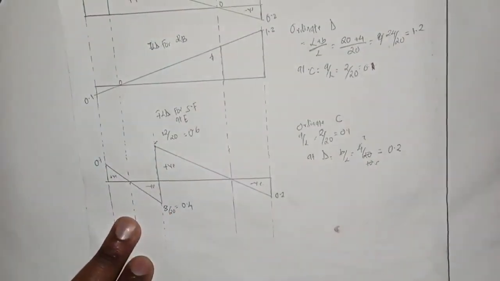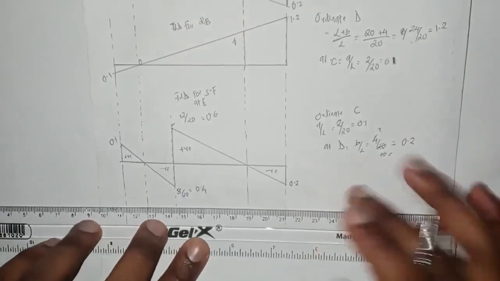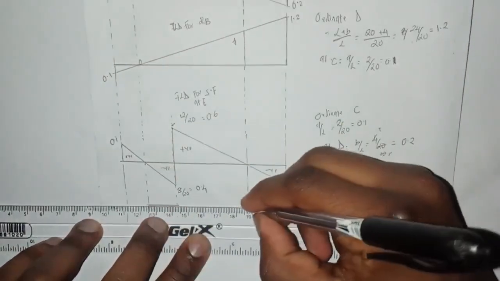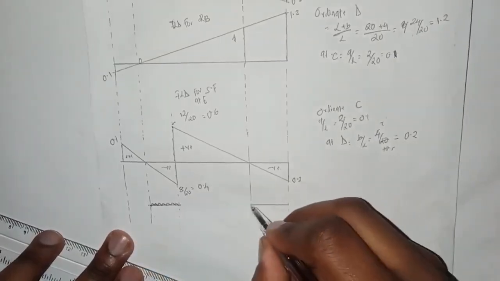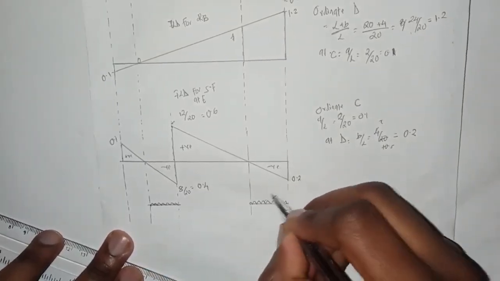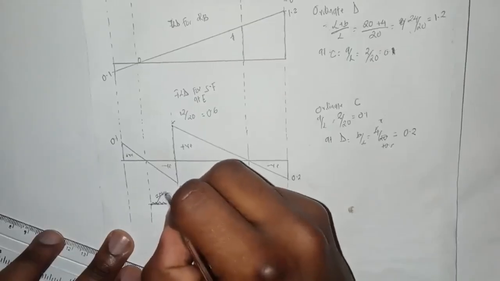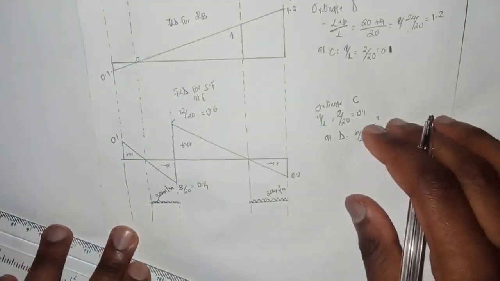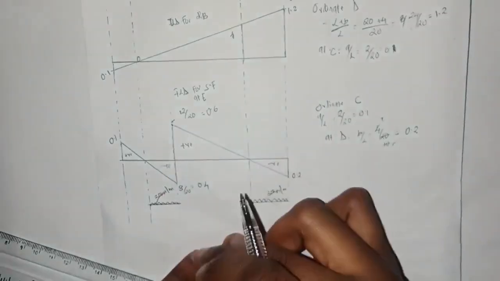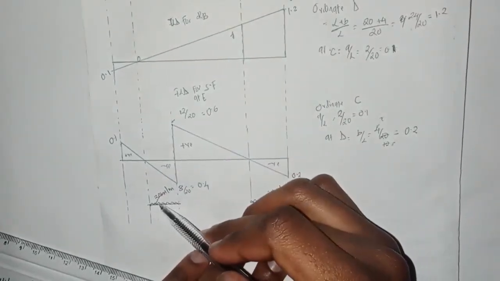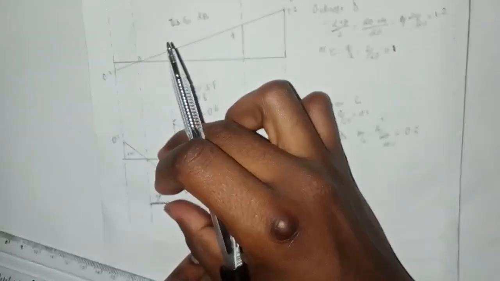This is 30 kilonewton per meter. To calculate the shear force, we multiply the load by the ordinate so that we're able to find the maximum negative shear force.